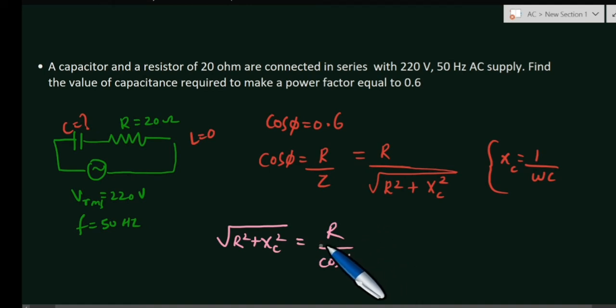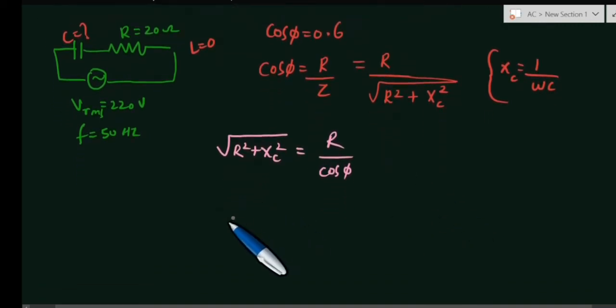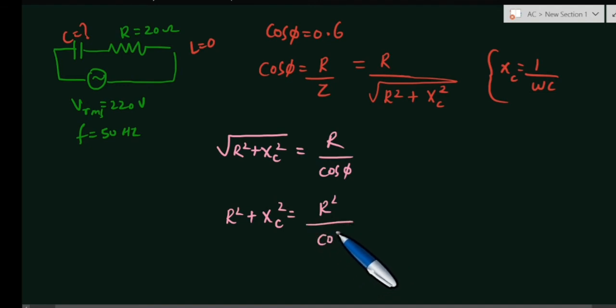Now we want to calculate XC first. Therefore, I'm squaring on both sides, so that we get R square plus XC square equal to R square divided by cos square phi.